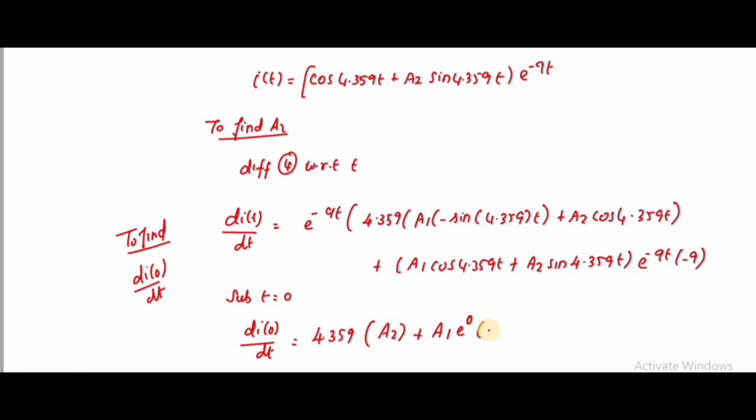Substituting a1 as 1, we get di of 0 by dt is equal to 4.359 a2 minus 9.